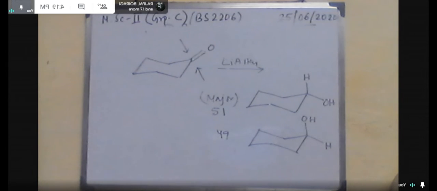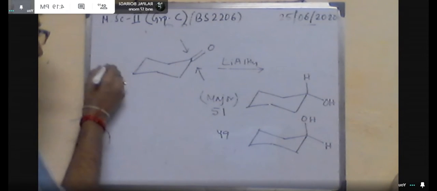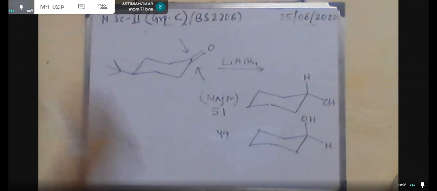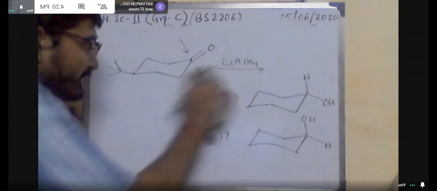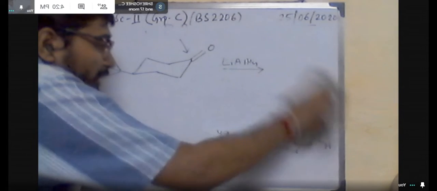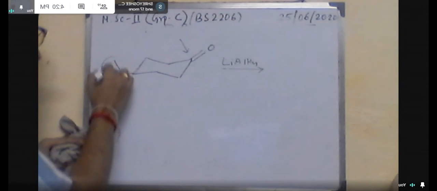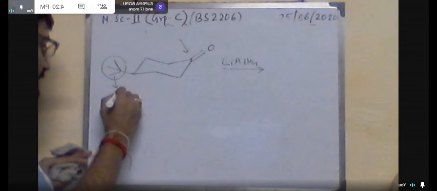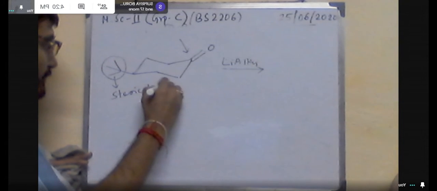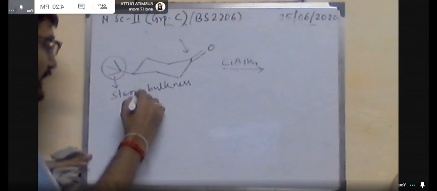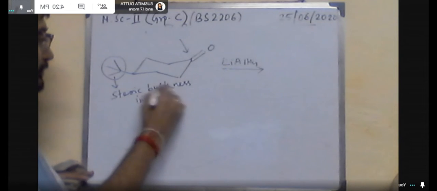Here you can see tertiary butoxide means this is the structure. That means it is a sterically bulkier reagent, with these tertiary butyl groups, compared to lithium aluminum hydride. Both are hydride transfer reactions.